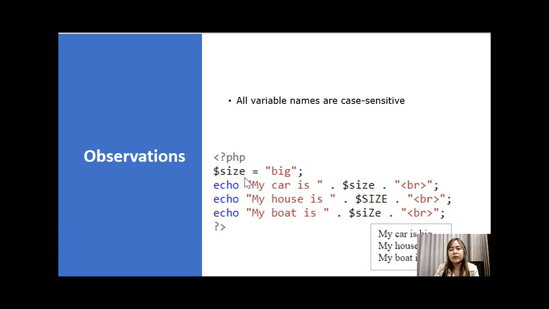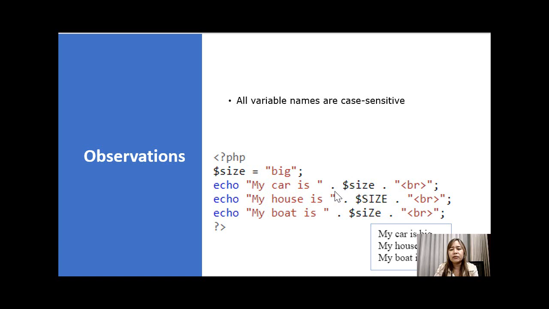As you will also learn later, you don't have to specify the data type of that variable. Here, size is assumed to be text because its initial value is big. Now if you're going to display, using echo, my car is, and then the value of your variable size.